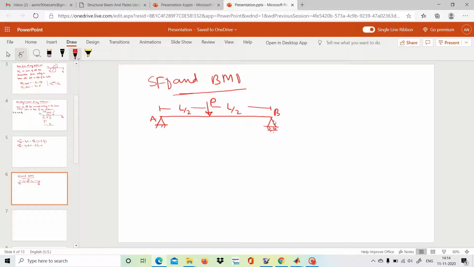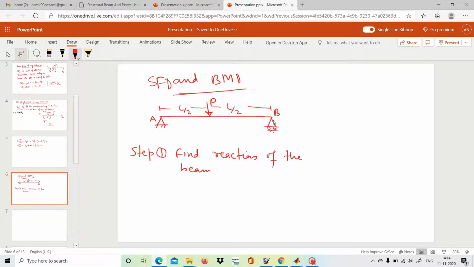Step 1: find the reactions of the beam. So what would be the reactions here?